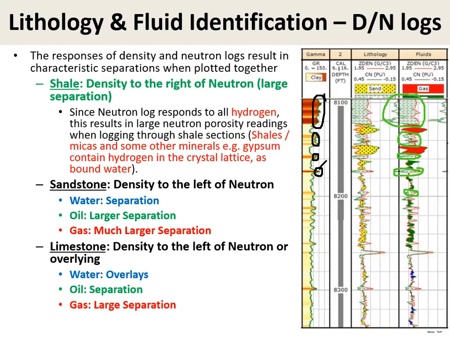Since the neutron responds to all hydrogen in the formation, this results in large porosity readings in shale sections. Note that the porosity logs are presented in such a way that increasing porosity is to the left.